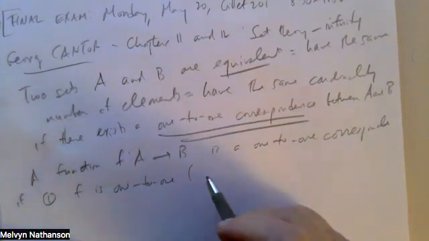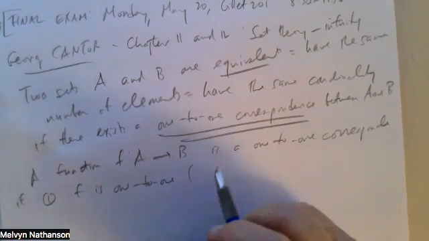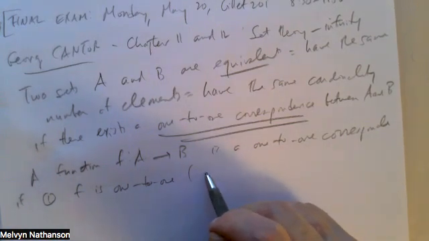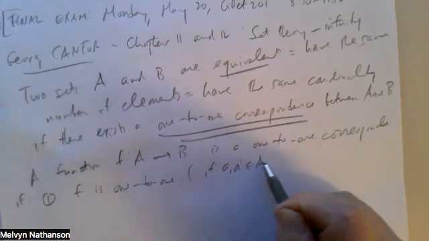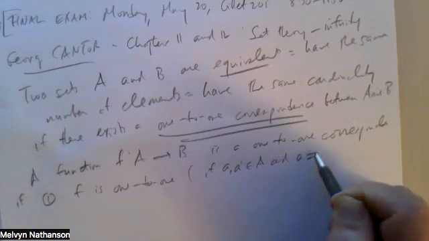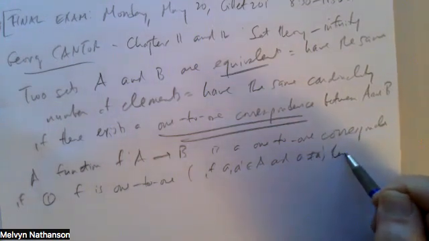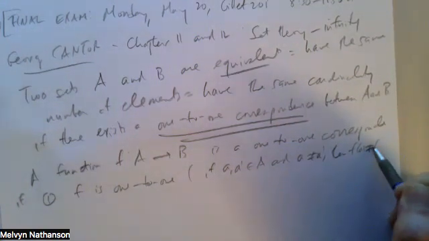And what this means is that if A and A prime are in A, and A is different from A prime, then f of A is different from f of A prime.